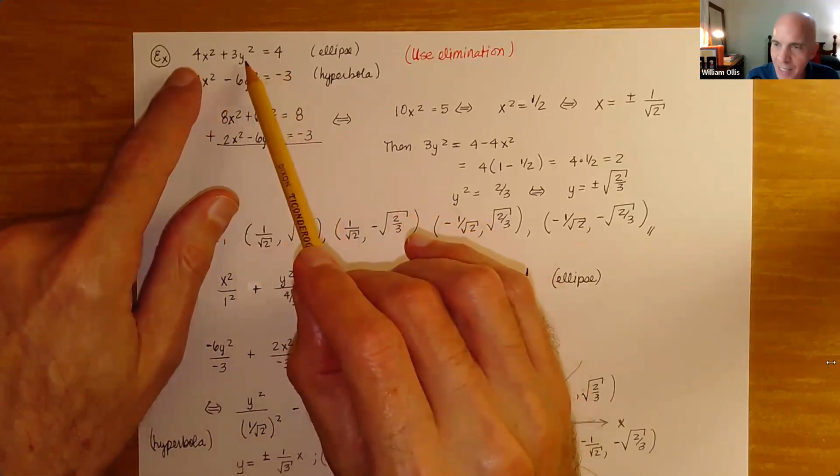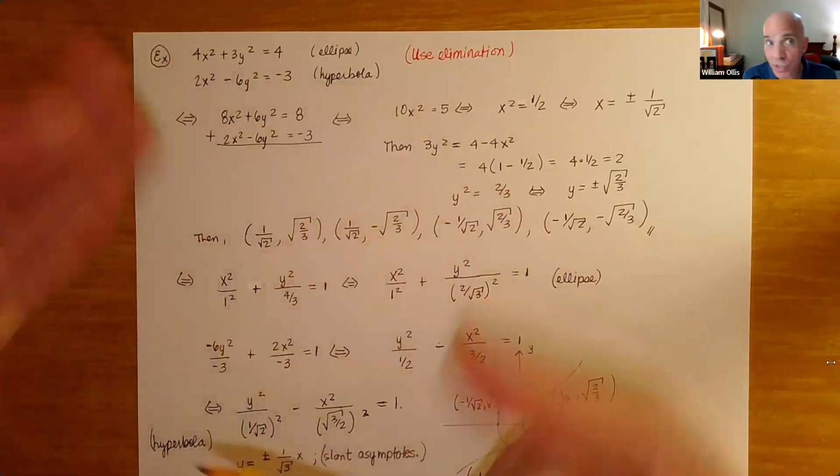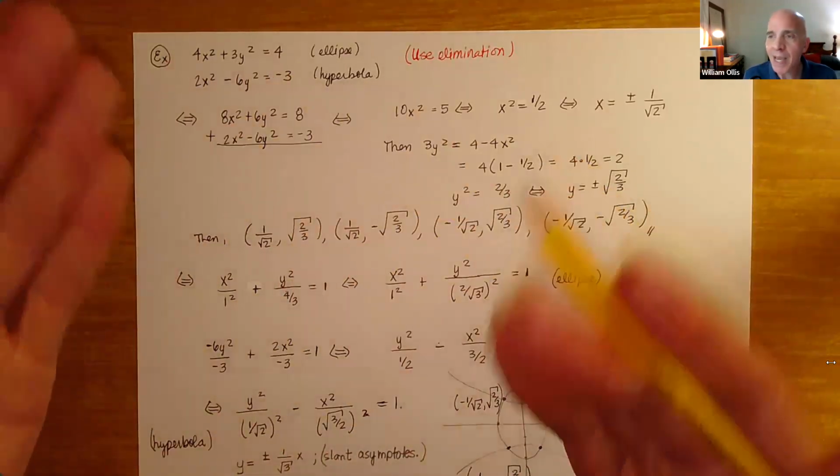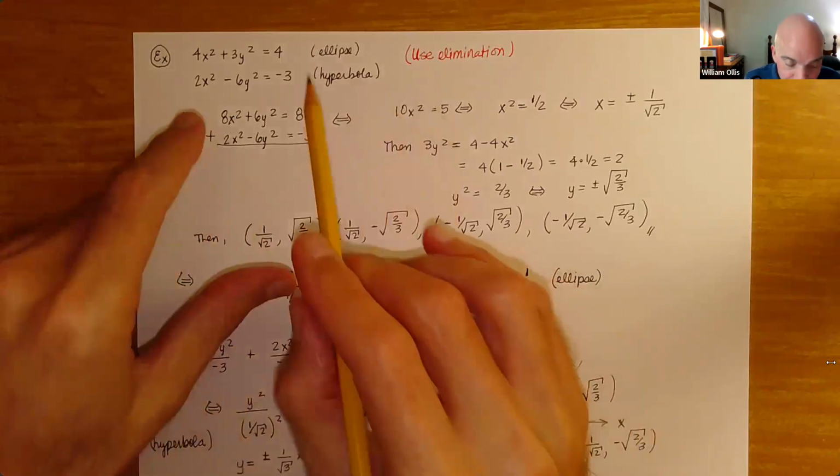So this becomes an ellipse if it's a curve at all. I mean, we don't make the assumption, we say, okay, this has this form. If a curve exists, it would be a circle, or it would be an ellipse, or a hyperbola, or a parabola. So again, we have to investigate a little bit further.